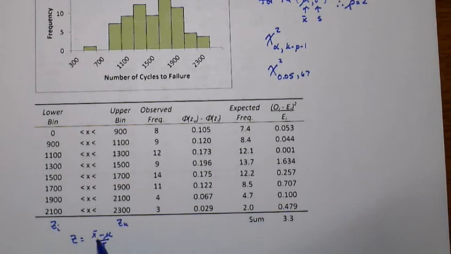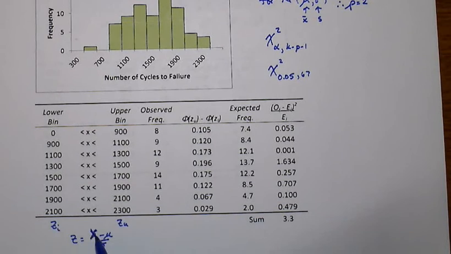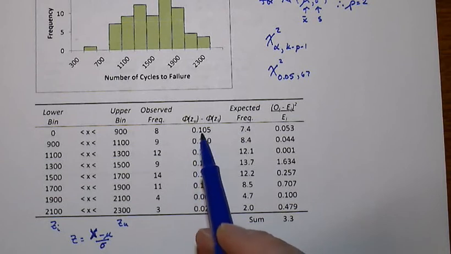I'm sorry, that's x minus the mean divided by the standard deviation to give us then the z values, and then we just do your typical normal calculation.